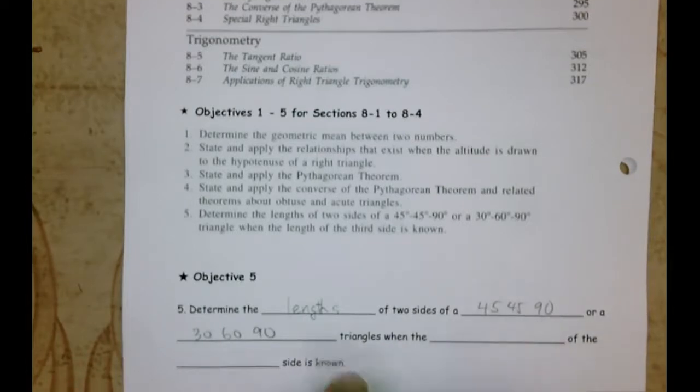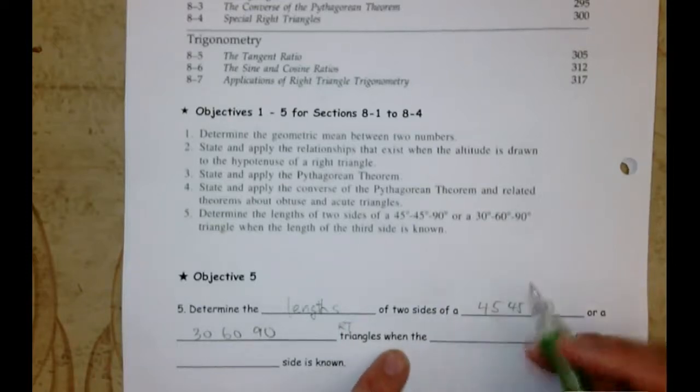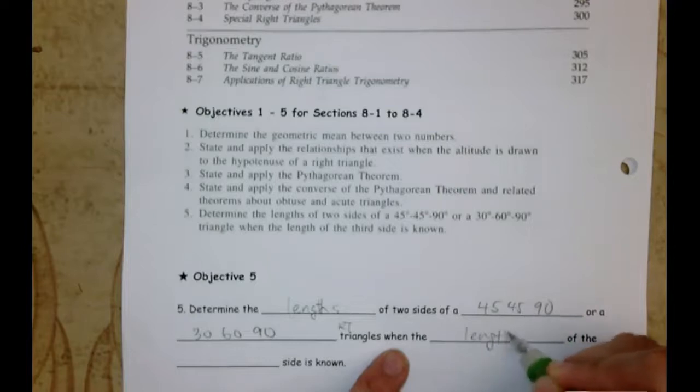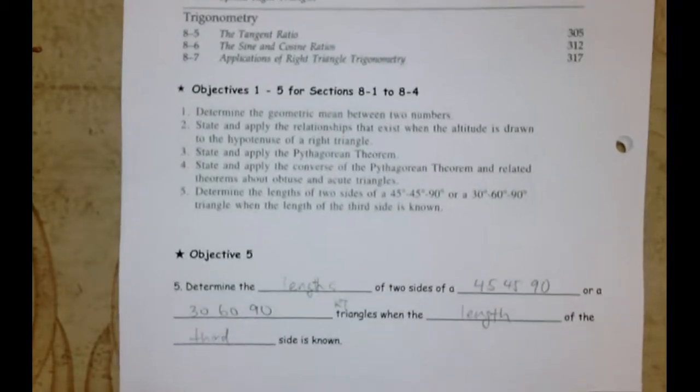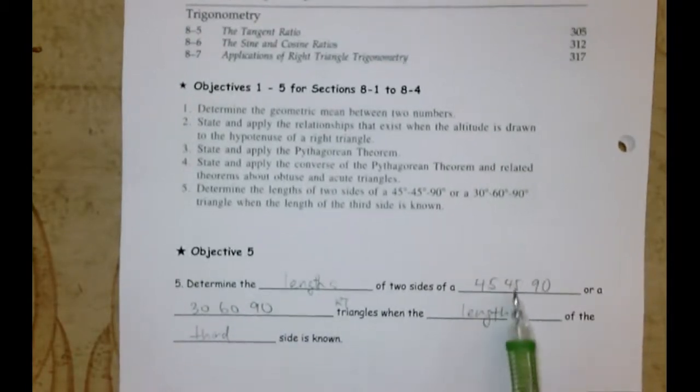These are right triangles because there's 90 degrees, so it's just right triangles, when the length of the third side is known. Okay, so you know that this is a special kind. These are two special kinds of right triangles. And if you know one length and you know that they are special kinds of triangles, you know the two other lengths. Okay. All right.